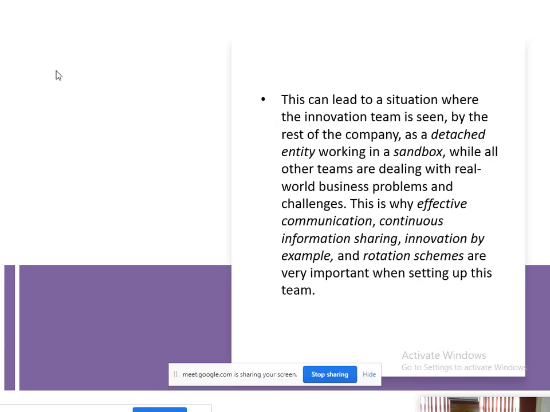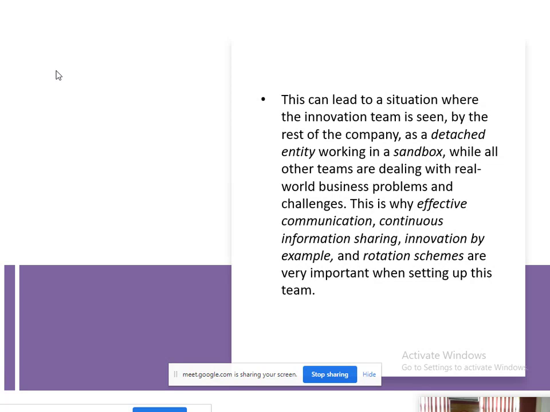Suppose you are working in a team, and you have 10 members in that innovation team, and one of the members has not attended for 2 days. Whenever he comes back, you should properly share the information about what has been going on in the innovation process.